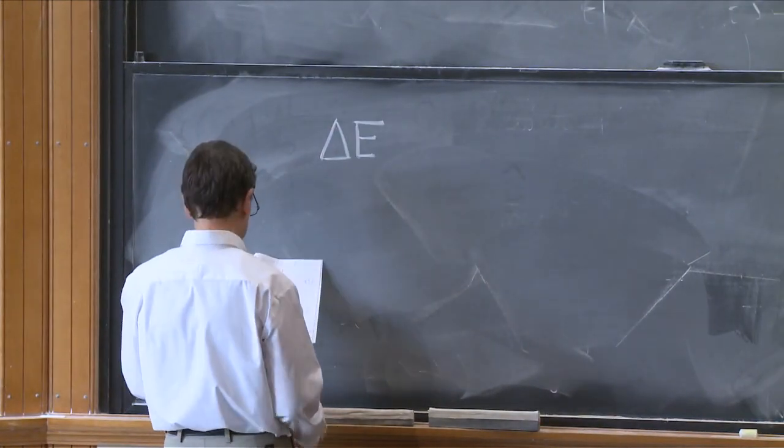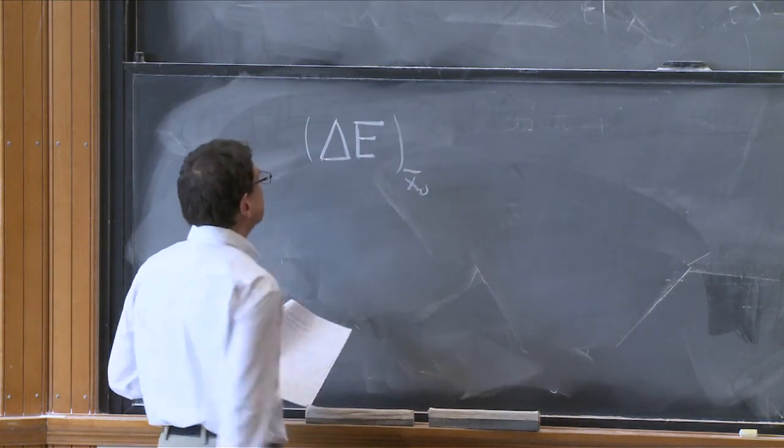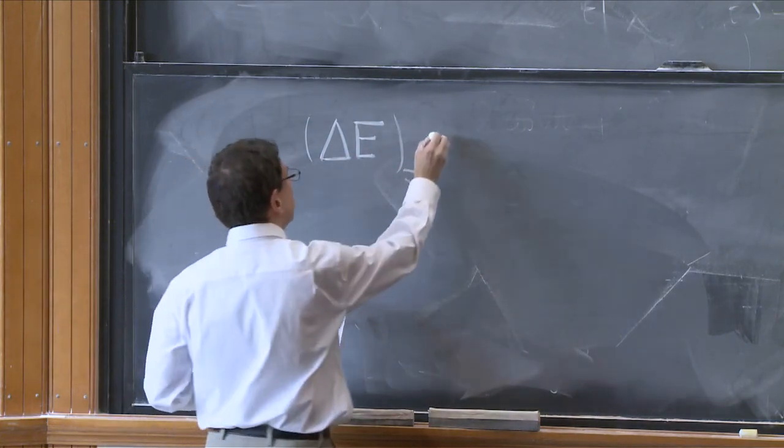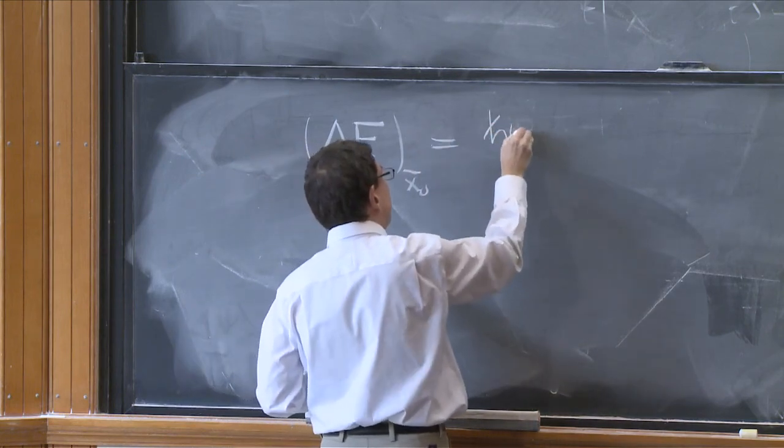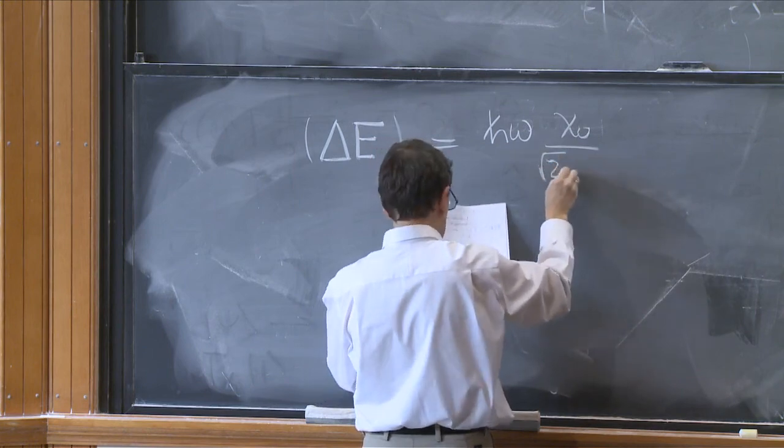Delta E in the coherent state x naught. How much is it? It turns out to be the following: h bar omega x naught over square root of 2 d.